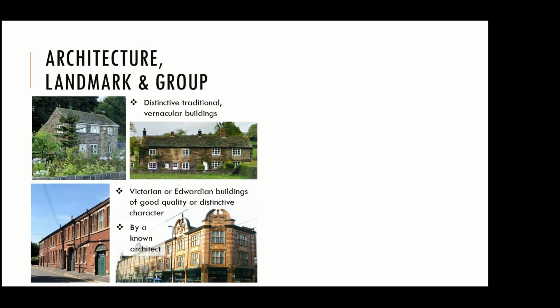Also, it's important to identify whether they're by a known architect. It's not always possible to establish this, but it does add interest because it puts it within a body of work. And also you can determine, is this someone who's had a large influence on the design and character of an area?